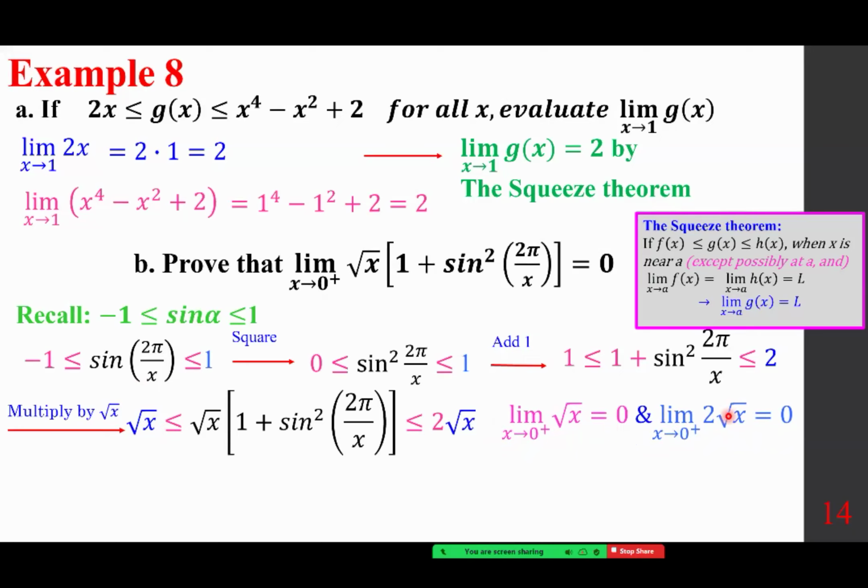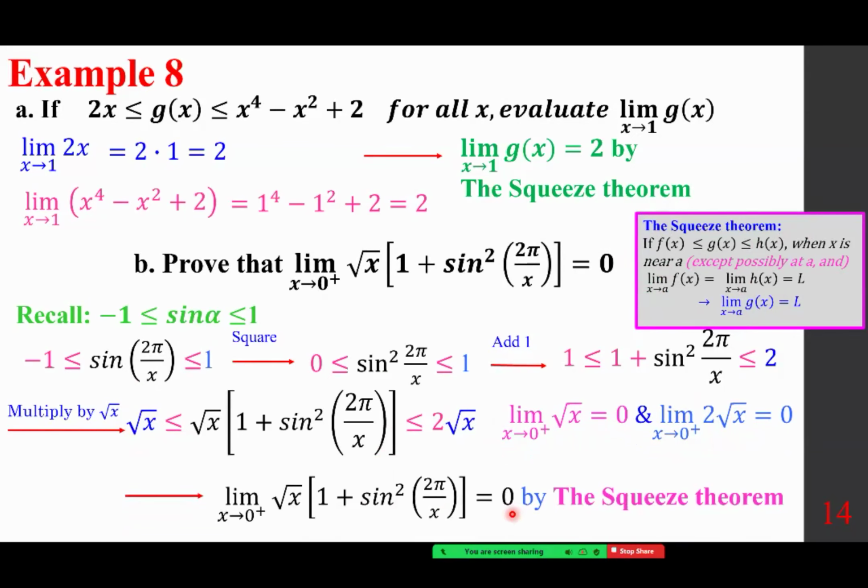Also, the limit of 2 times square root of x as x approaches 0 from the right is 0. If this gives us 0 and this gives us 0 when we take a limit, according to the squeeze theorem, the one in the middle, when we take a limit, gives us 0 by the squeeze theorem also.